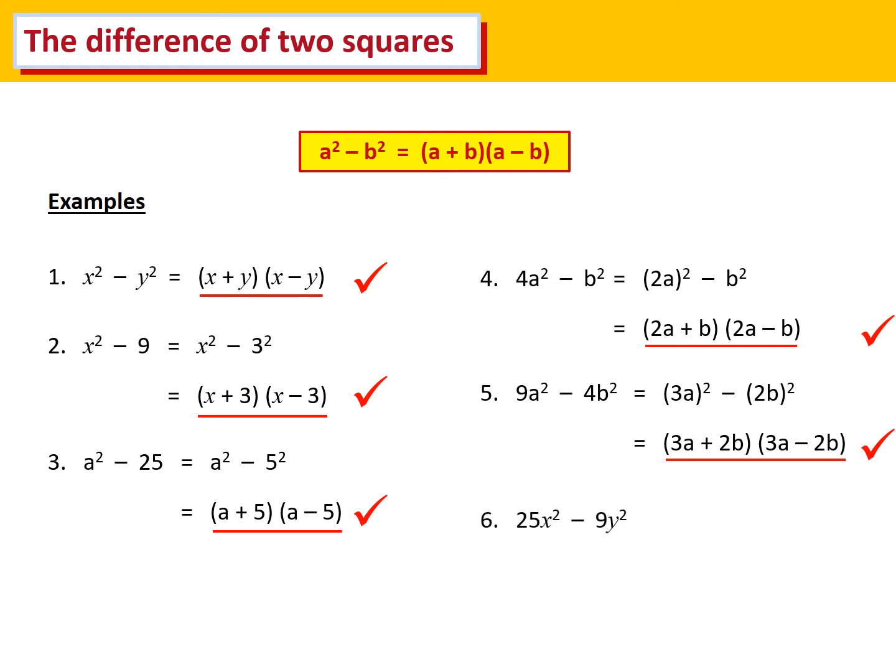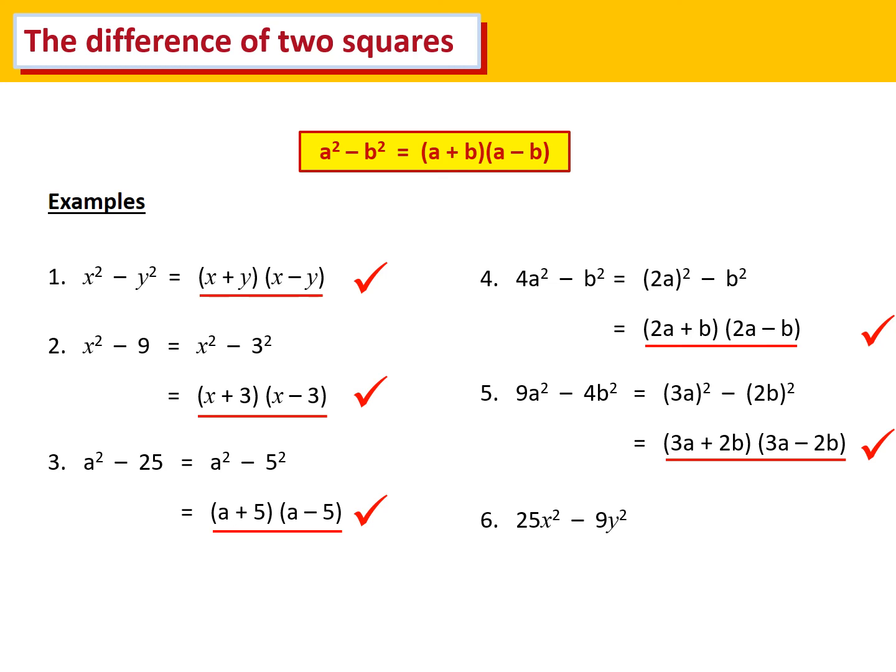And finally, example 6 is very similar to example 5. Can you see what is being squared here to give us 25x squared? And what is being squared here to give us 9y squared? Have you got it? What squared gives us 25x squared? The answer is 5x.